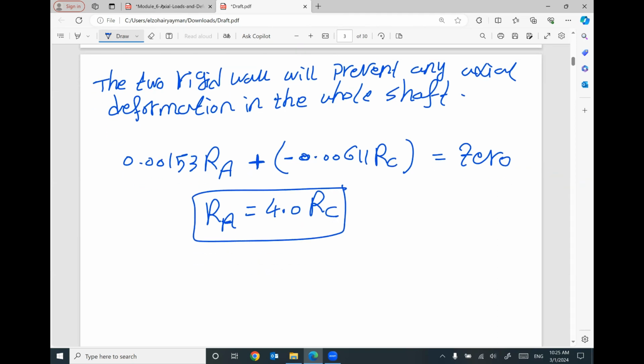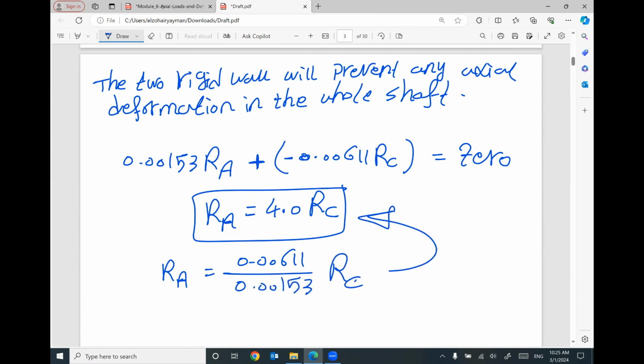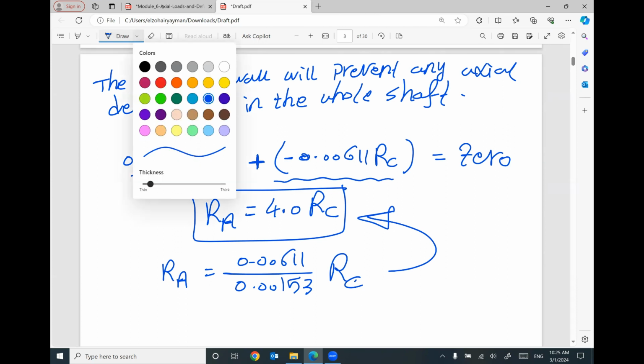I moved this part to the other side, so RA will equal 0.00611 divided by 0.00153 RC. So that gives you RA equal 4 RC. I moved this term to the other side, then divided by this number 0.00153, to find the value of RA as a function of RC.